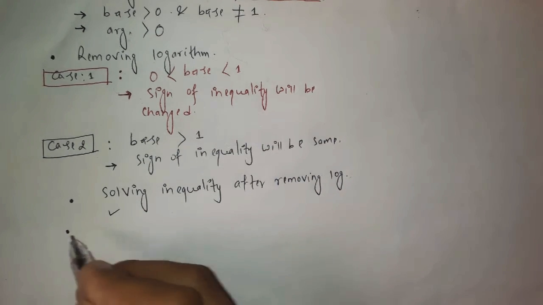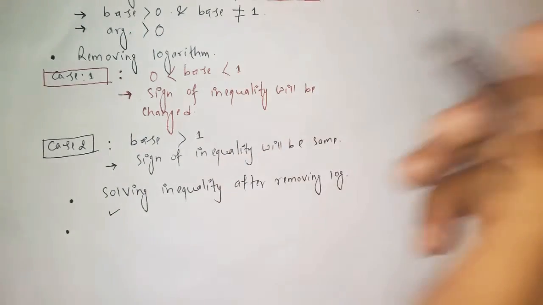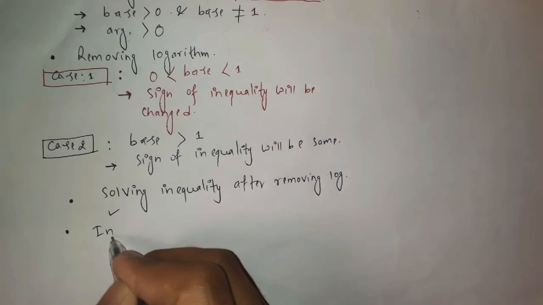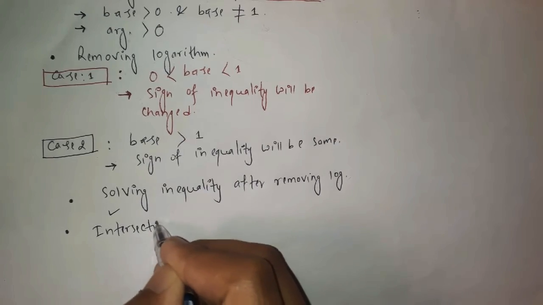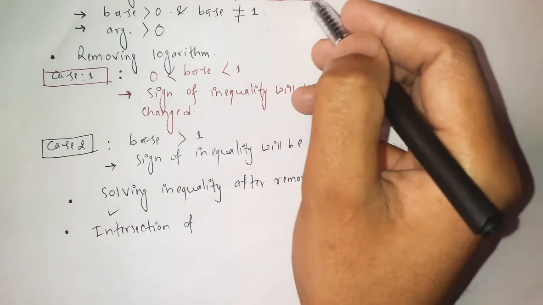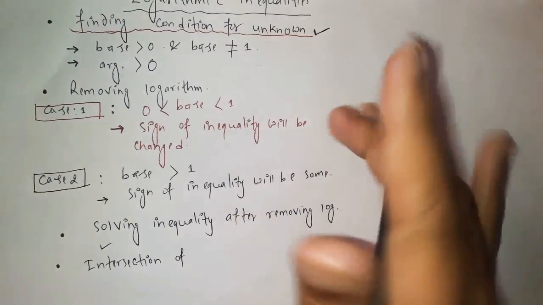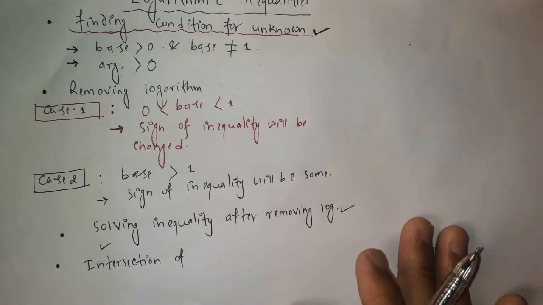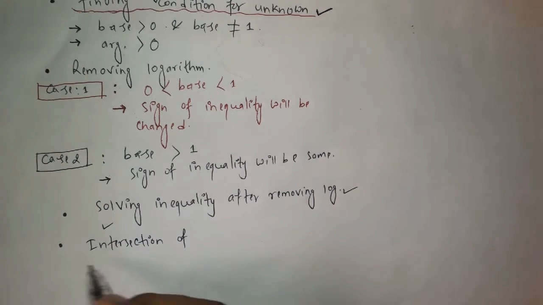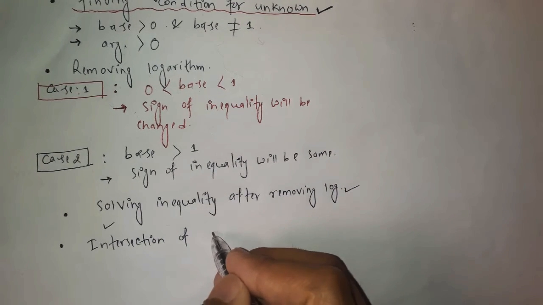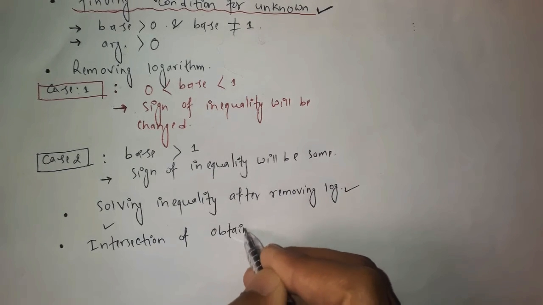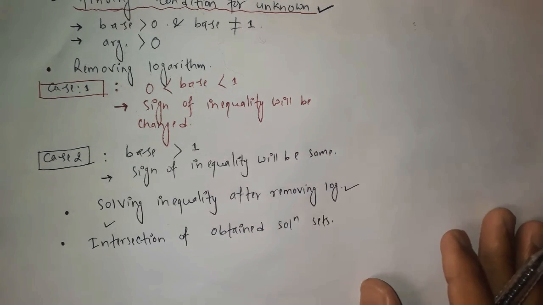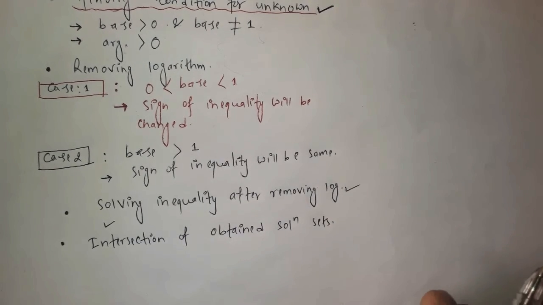At the last step, we have to take the intersection, the common part, of all the obtained solution sets.